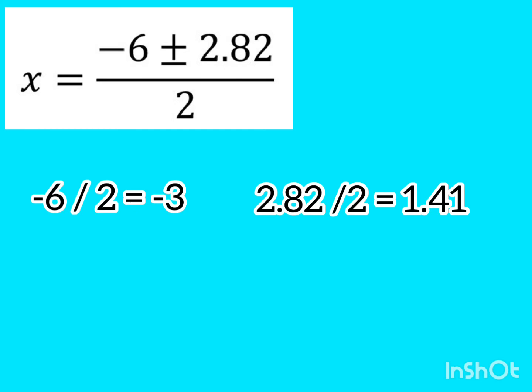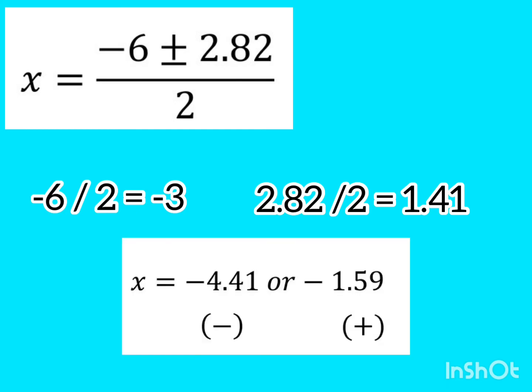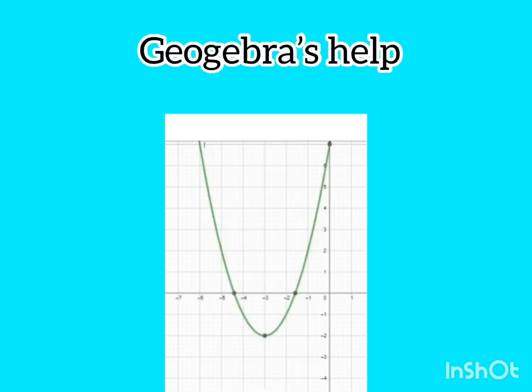So minus 3 minus 1.41 is minus 4.41. And minus 3 plus 1.41 is minus 1.59.